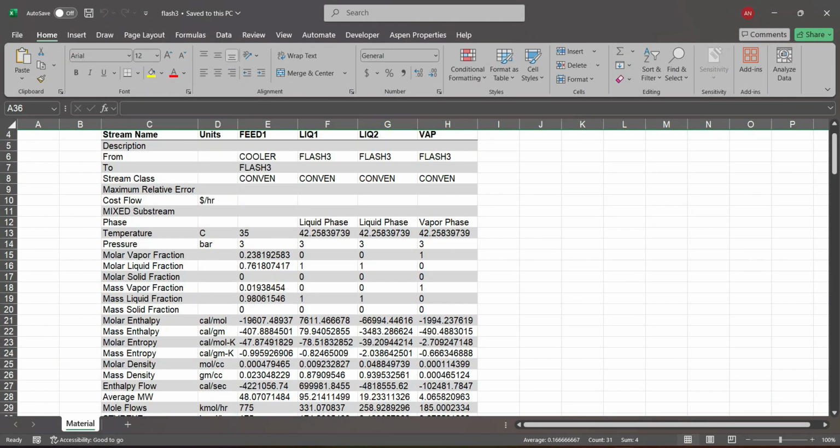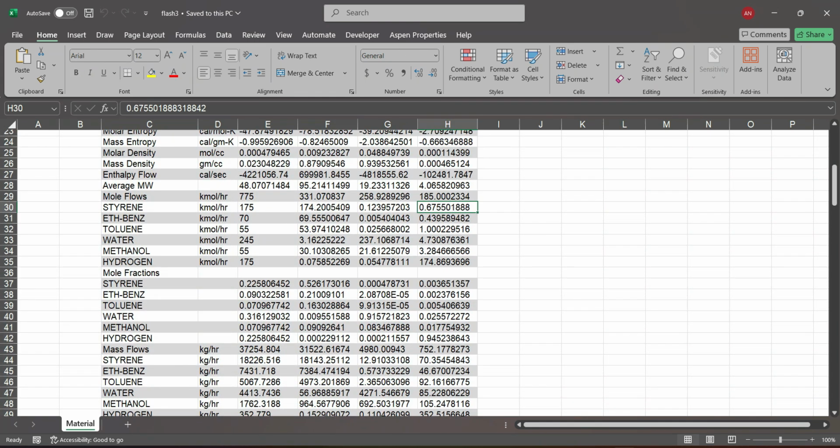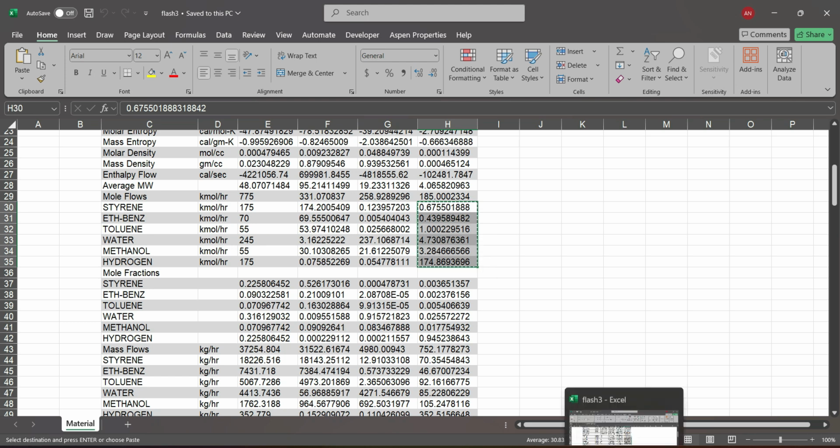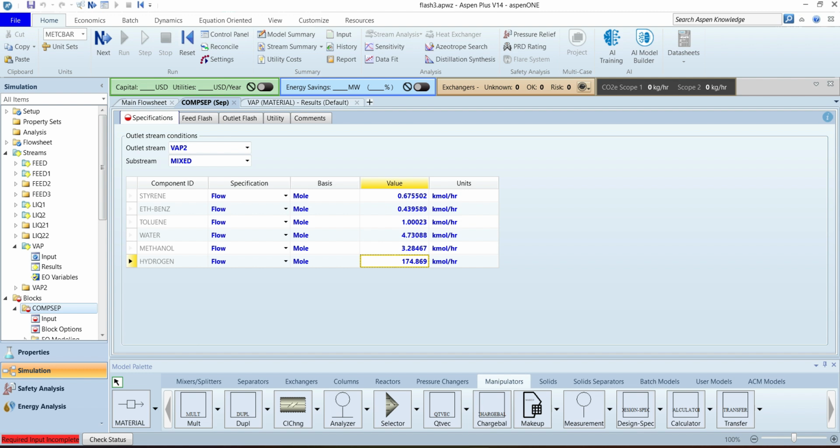So for the vapor phase, the mole flows are as given over here. Let's copy these, go to the component separator, shift it to flows and paste the values over here.